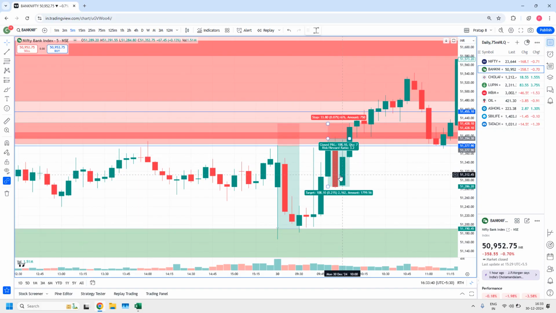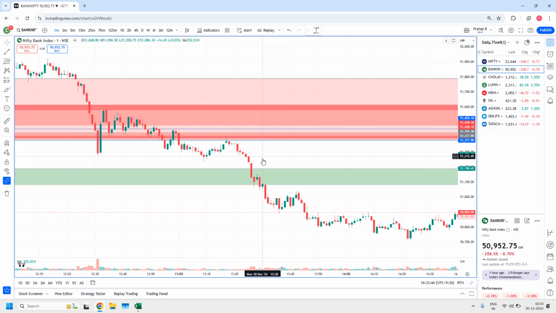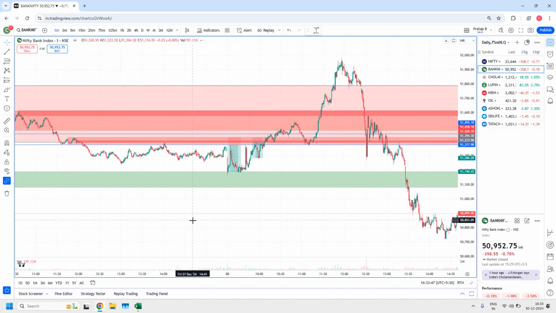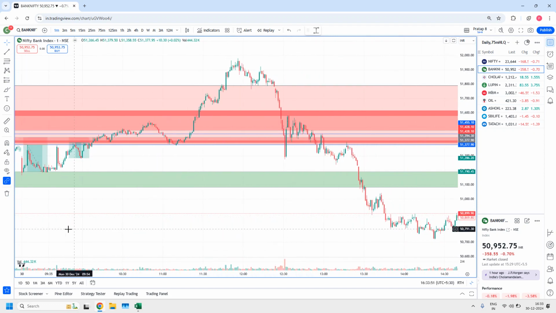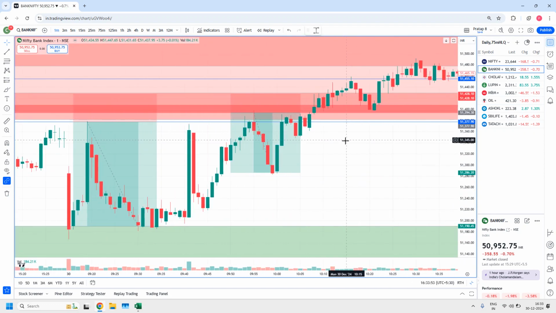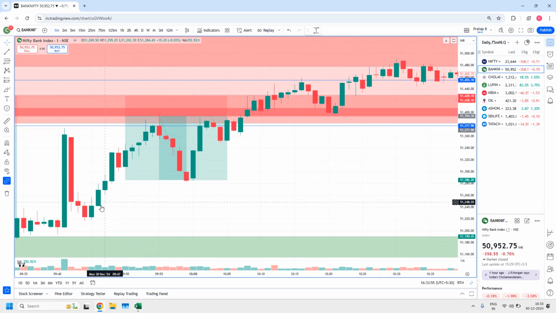Why? Maybe demand is very strong. Look into the 1 minute time frame, you will get clarity on why we missed the trade. But we can't predict such kinds of things. It's not easy, but after the price action only we can tell. See here, we have a rally base rally. Let me draw.